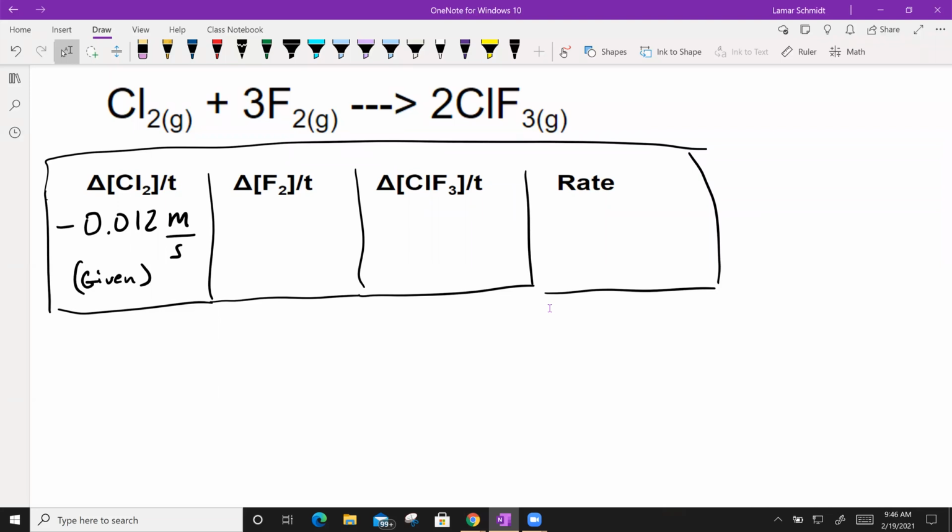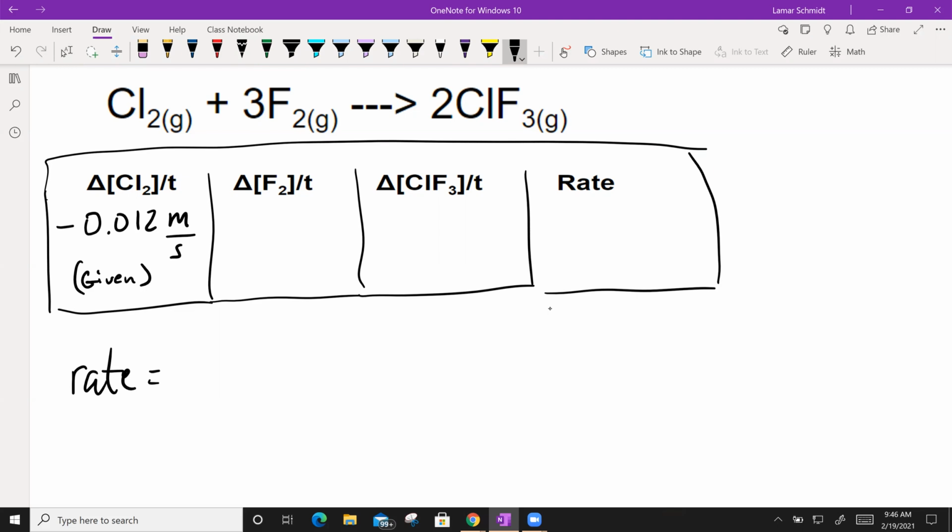And so when we write a rate expression, we said that it was important to relate rate, which is the change in concentration with regard to the change in time, with the coefficients in the equation. And this will also make sure that the rate of each of the reactants and products are equal.